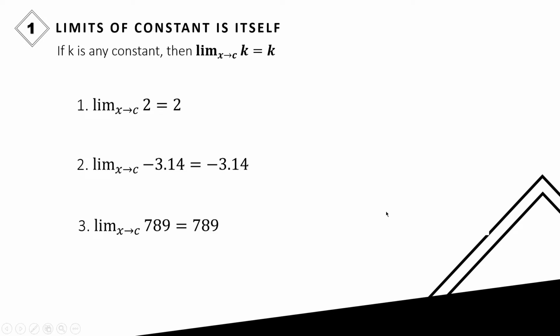And the last one, the limit of 789 as x approaches c is equal to 789. So in finding the limit of a constant, sinasabi doon, the limit of a constant is itself. So that is the limit of a constant is itself.